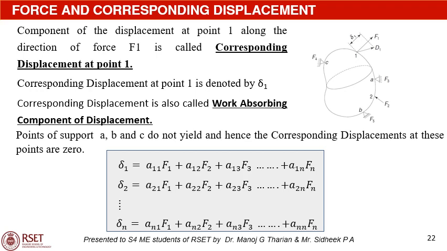Now, in the figure, the points of support A, B and C do not yield, and hence the corresponding displacements at these points are 0.